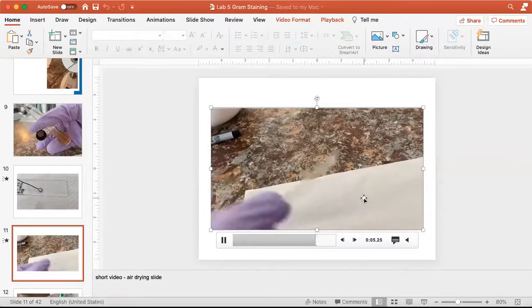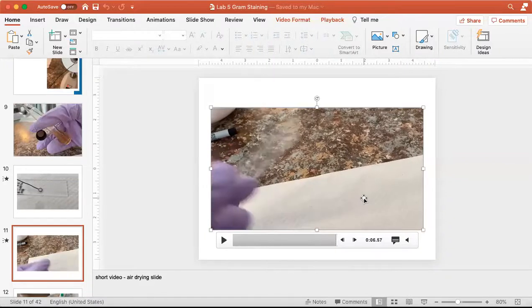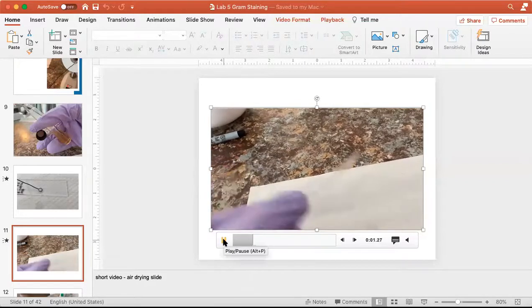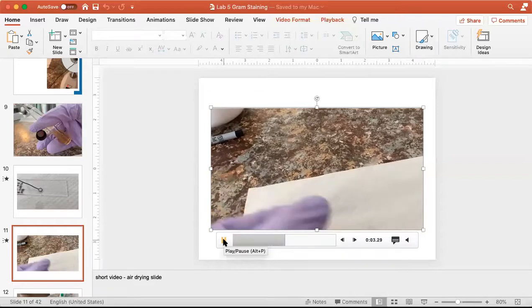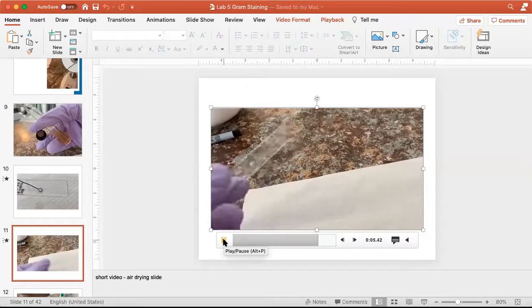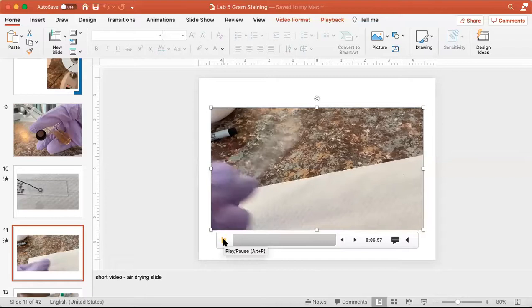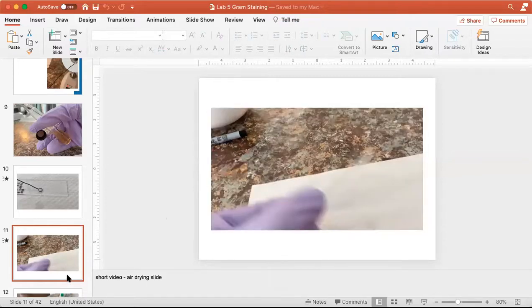This simple, gentle waving back and forth is not going to be a problem in terms of microbes getting into the air. Now, notice I'm holding the slide at an angle because I do want to try to keep things from falling down into my smear. But a little gentle waving in the air is not going to cause a problem, and it might help your slide dry quicker.